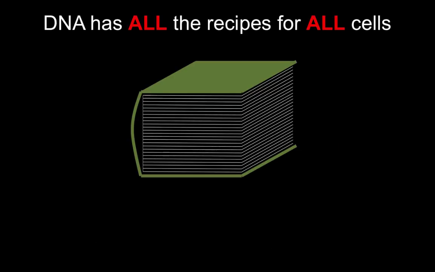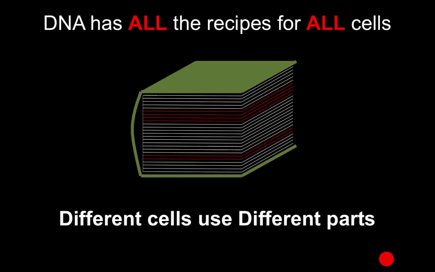So the other way I kind of think about this is, remember, DNA is kind of like that cookbook, and it has all the recipes to create all cells in your body. But different cells only use different parts, and they only use some of the parts. So for example, a certain cell type may only use the parts that are highlighted in red, whereas a different cell type would use a different set of pages.